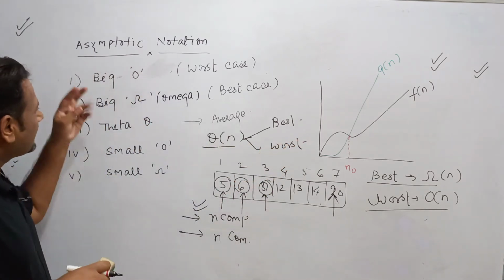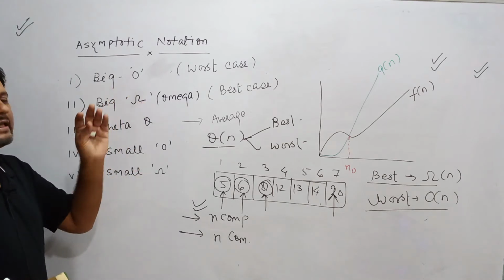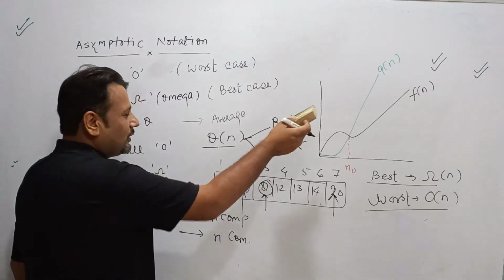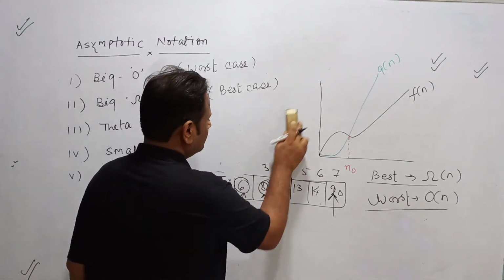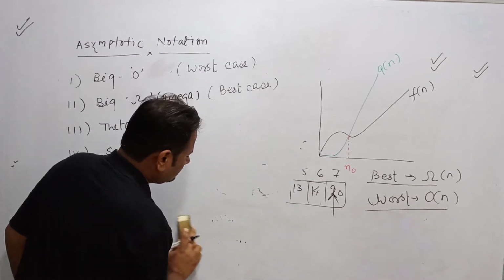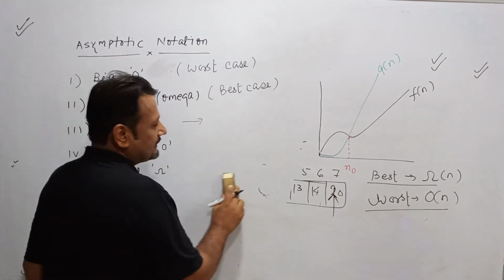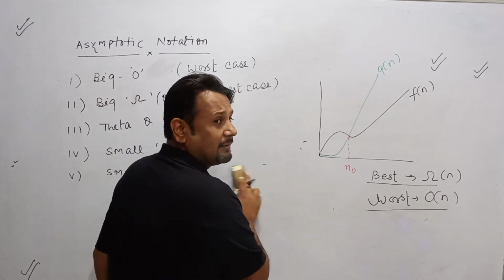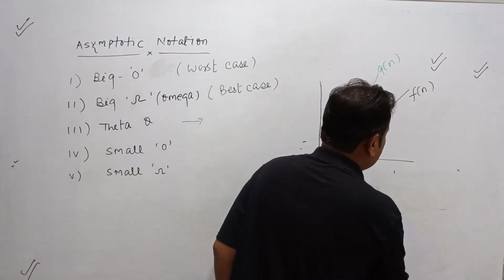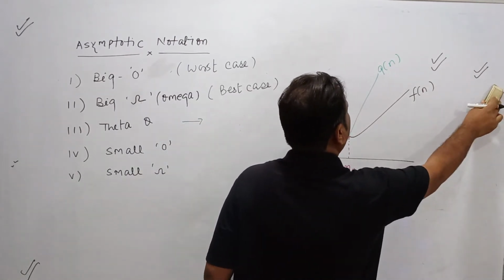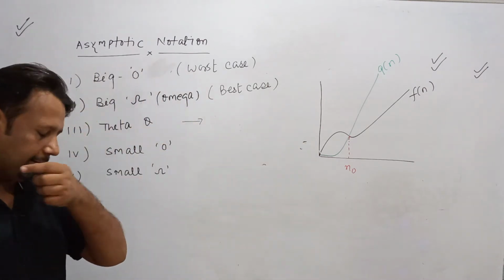Now we'll see what is the best case and what is the worst case through a graph. Why are we calling this asymptotic notation? We are trying to see the behavior of the algorithm under very extreme values of n. Now what is this graph?